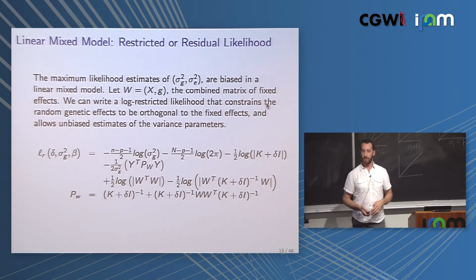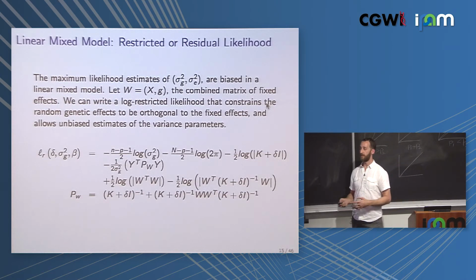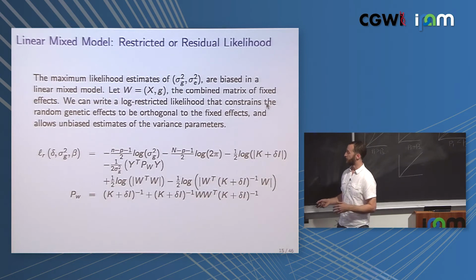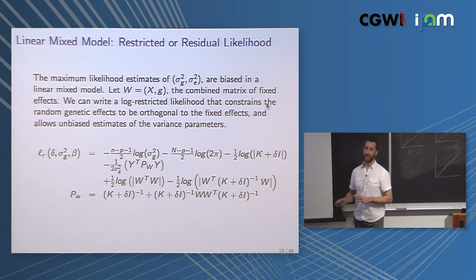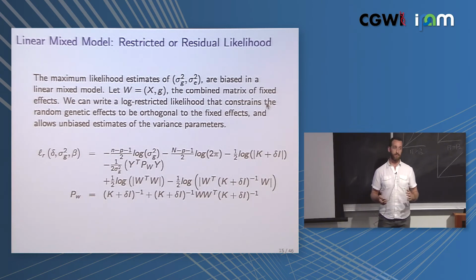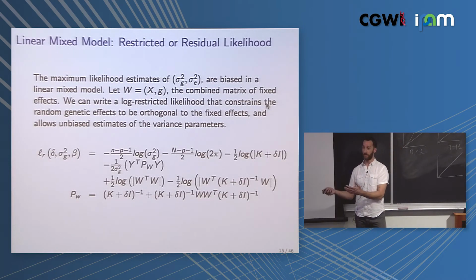So the way that you find these sigma g, the first approach that was taken was a maximum likelihood approach. So we can write down, but before I get there, there's a parallel between unbiased estimation in linear regression and unbiased estimation in this linear mixed model context that we have to talk about first.